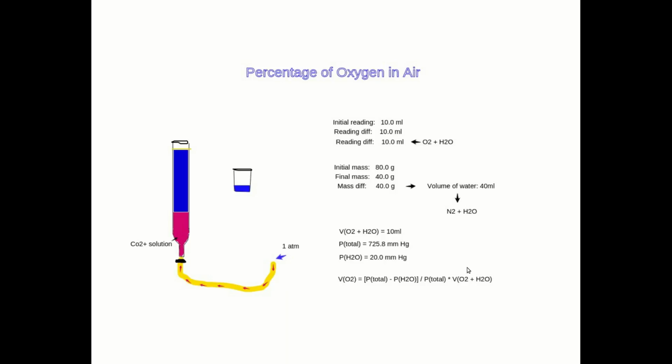So when we multiply the volume of the white oxygen on the right-hand side, we get the volume of the dry oxygen.